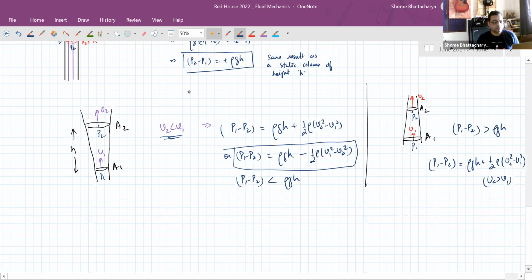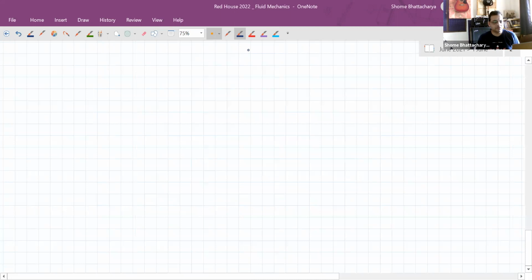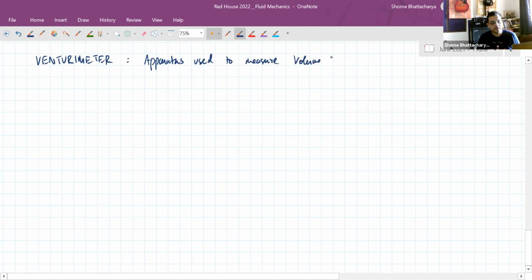Now moving on, one standard application is a device called the Venturi meter. It is a simple apparatus used to measure the volume rate for steady flow.